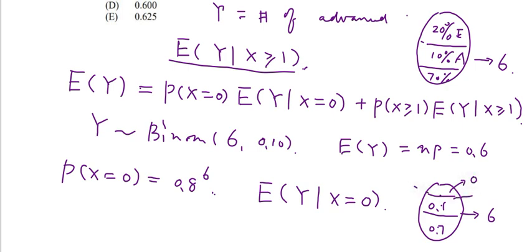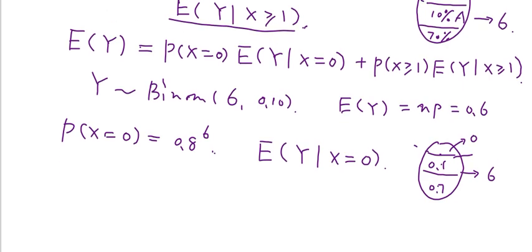So y is also binomial. We pick 6, and from the advanced part pick 1. What is the chance? Before it was 0.1, but now we need to adjust.